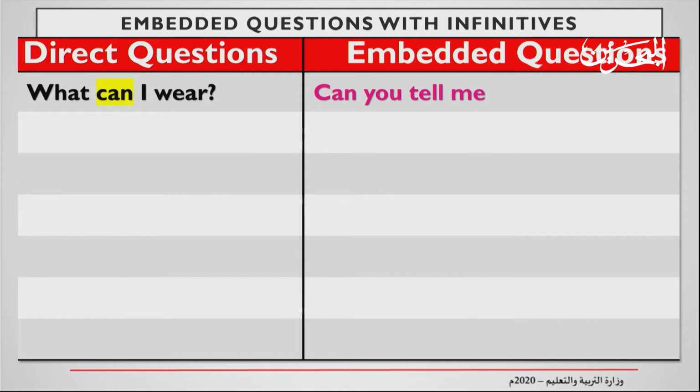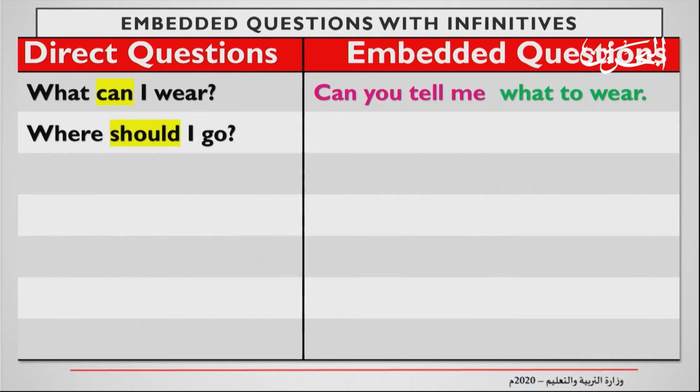I say, can you tell me, the introductory phrase, and then the embedded question, what to wear, without the question mark. The first one, because it is a direct question, you have to use the question mark. And the second one, because it is an embedded question within a sentence, you cannot use the question mark. Can you tell me what to wear? Because it is a polite question.